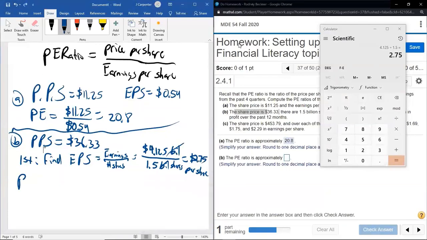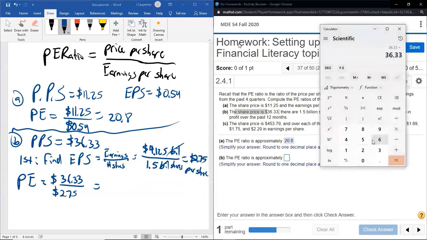So our PE ratio, which is again the price per share of 36.33, divided by the earnings per share, which was what we just got, the 2.75. Both of these have the words per share in them, so they would cancel if you were writing those things. I'm not trying to focus on that yet, though. That's another day.